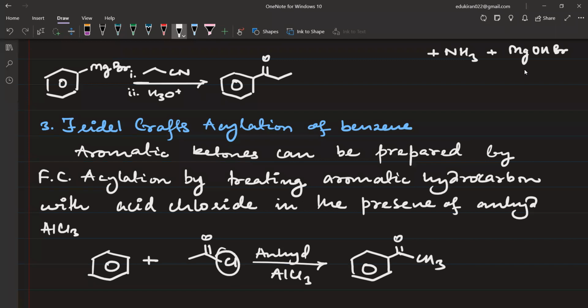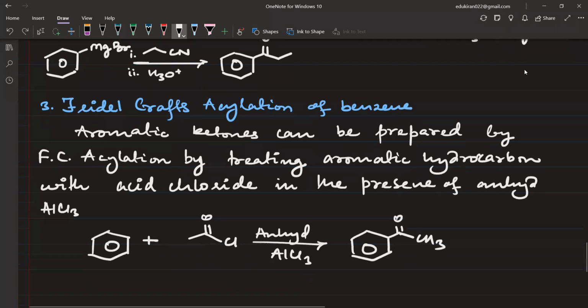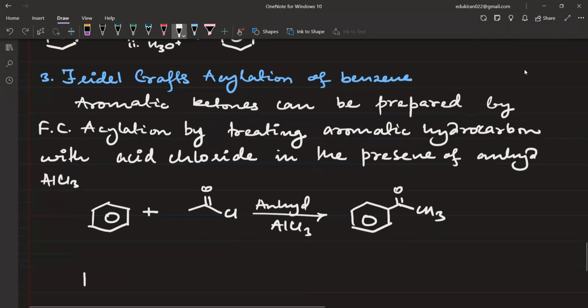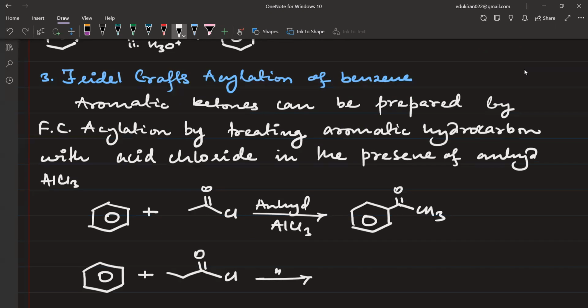This Cl has been replaced by the benzene ring. Instead of Cl, you just write benzene. So you can have something like this also. It is very easy: write the same thing, double bond O, and in place of Cl, the benzene ring.